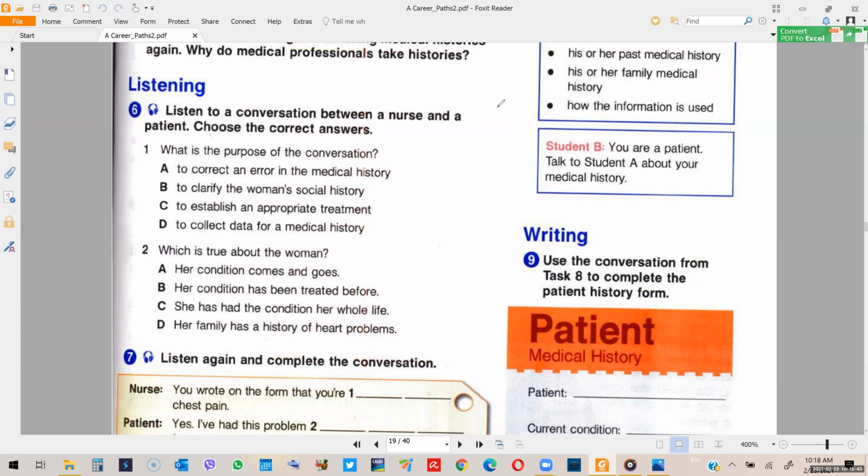Exercises 6 and 7, page 19. The doctor will be in shortly, Miss Granger. While you're waiting, I have a few questions about your past medical history. Of course. What do you need to know? You wrote on the form that you're suffering from chest pain. Yes, I've had this problem on and off for years. Do you remember when exactly the onset of the problem was? Let's see.